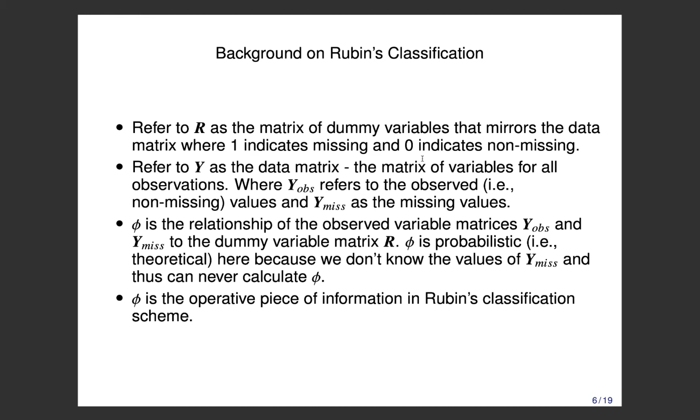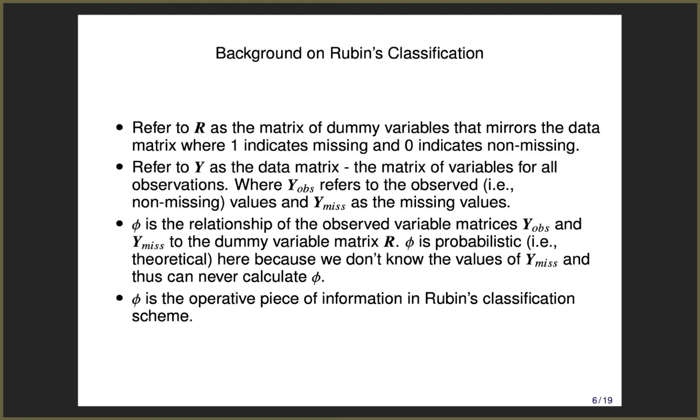To develop Rubin's classification, we first need to define a few different terms. The first is this matrix that we call R. This is a matrix of dummy variables that mirrors the data matrix, where 1 indicates a missing value and 0 indicates any non-missing value.